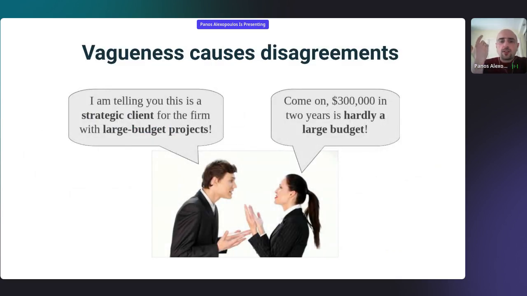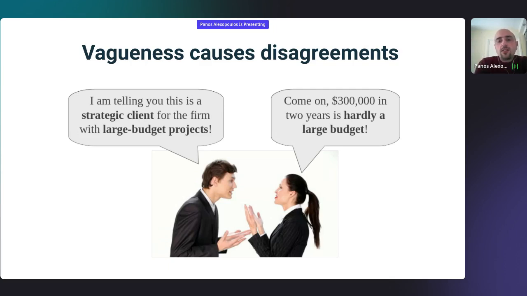Vagueness causes disagreements, as you can see here in this fictional dialogue. Imagine that you are defining in your knowledge graph the class of strategic client, which means that the instances are clients that have a strategic importance. And you also have the concept of large budget project, where you use it to classify projects that have, as you say, a large budget.